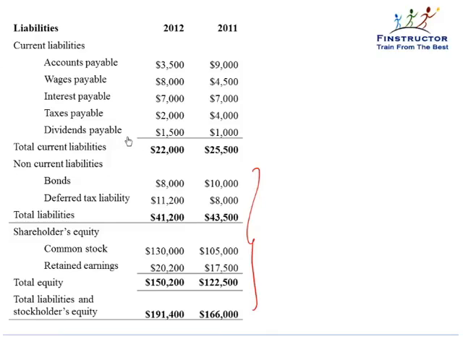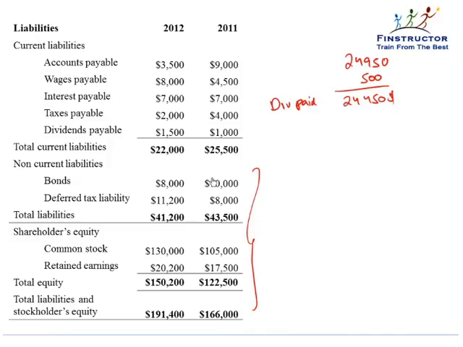We also see, however, that dividends payable have gone up by $500. So not the entire $24,950 was paid out. $500 of these have been kept as payables. That is why the payables have gone up by $500. So the actual dividends paid were only to the tune of $24,450.